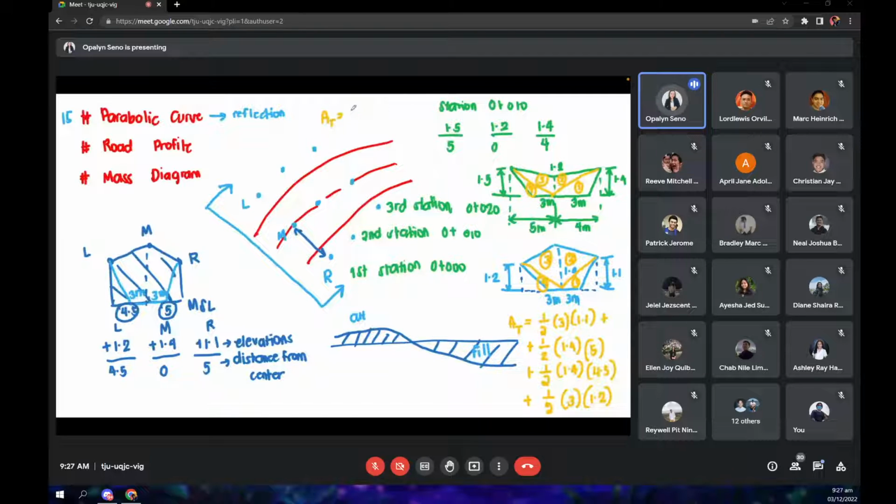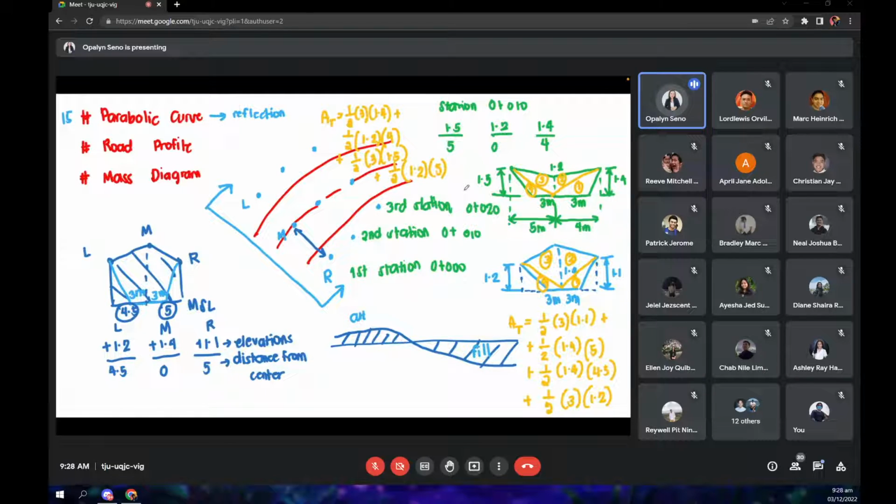So the total area is just one-half base times height. One-half base is 3, height is 1.4, plus one-half again. We have 1.2 as the height, and the base, the total, is 4. Then plus one-half, then 3 times 1.5. And lastly, one-half base times height, one-half and then 5. That's the total area of this station.